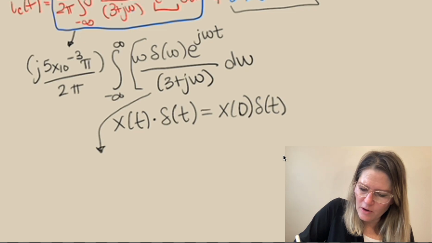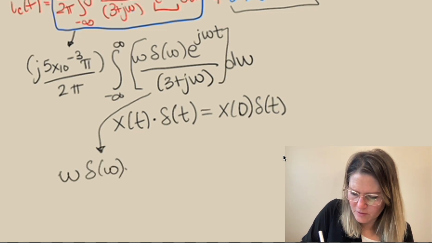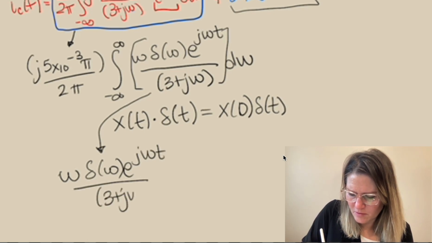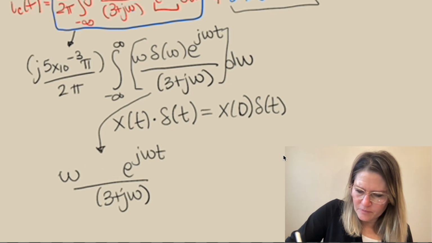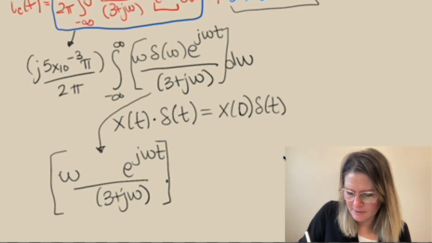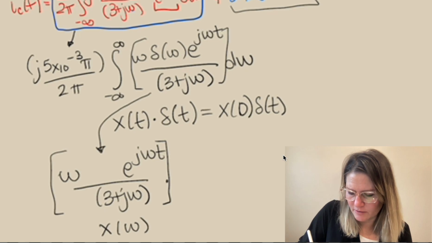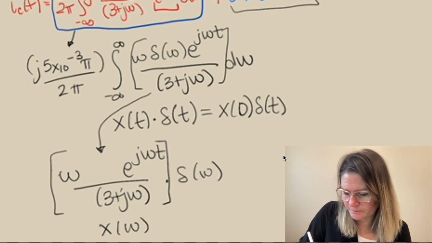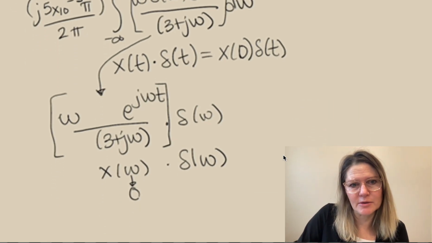So all of this can be now our x of t, or x of omega in this case, x of omega delta omega. And we can just evaluate this portion of it at 0.